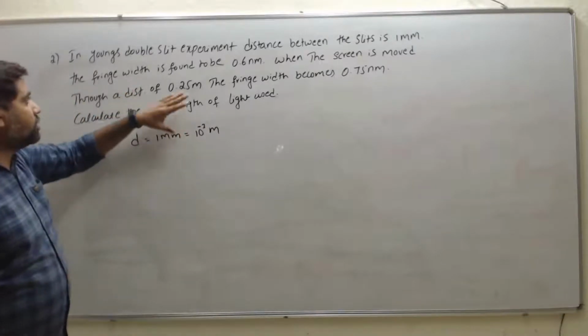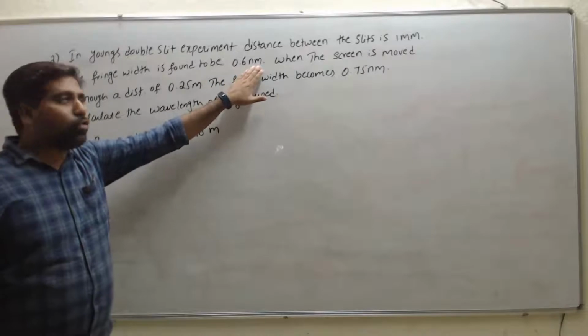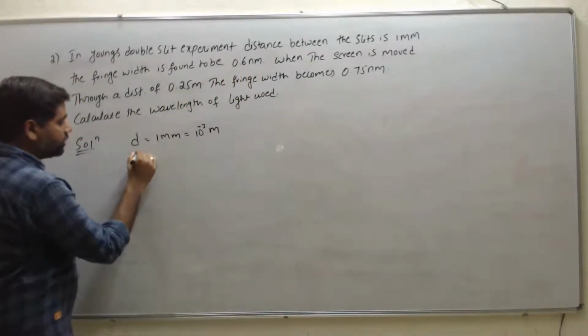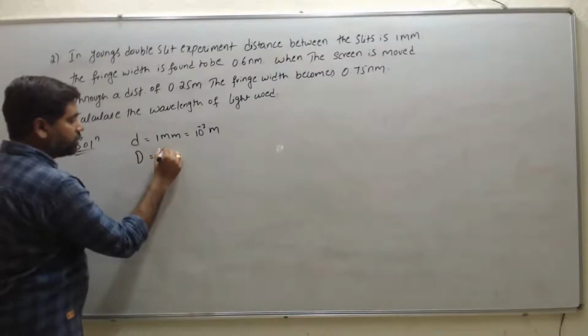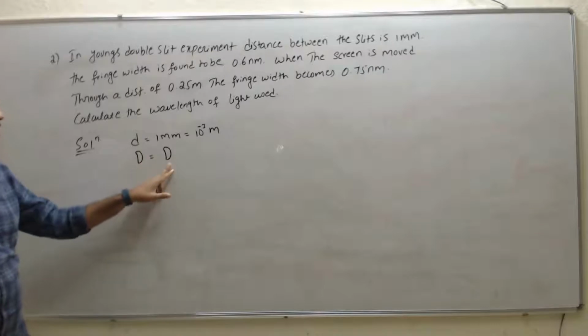Next, the fringe width is found to be 0.6 nanometer. They didn't give the distance between the slit and the screen, so we take it as capital D itself.